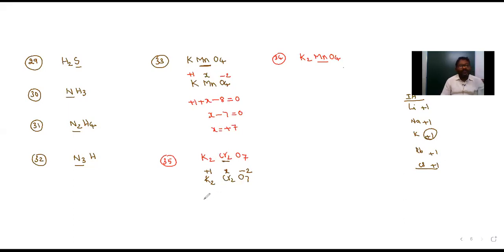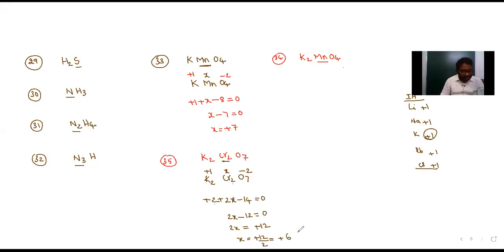2 into +1, +2, plus 2 into X, 2X, 7 into -2, -14 is equal to 0. 2X, 2 minus 14 is -12. 2X is equal to +12. X is equal to 12 by 2, that is equal to +6.